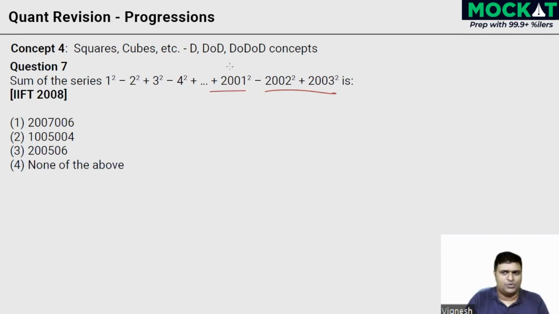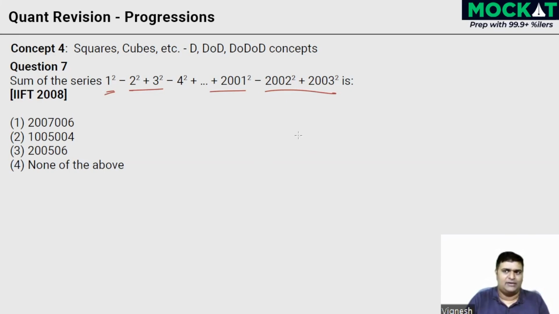And this would have been 2001 square minus 2000 square, and so on. If we keep looking at two at a time, here we come to 3 square minus 2 square, and then I'm left with 1 square over here. That can also be 1 square minus 0 square, right?